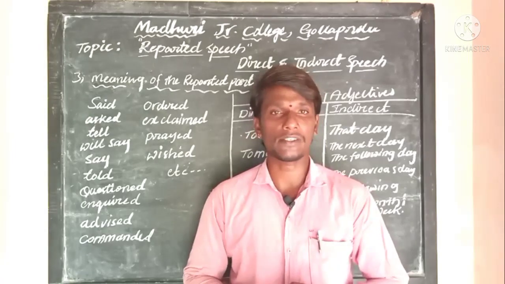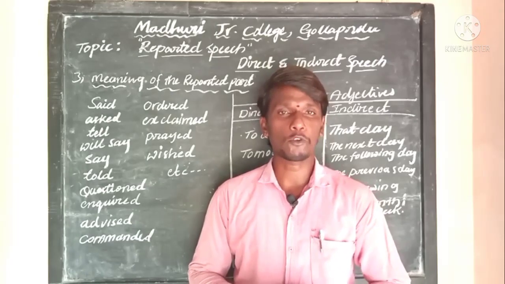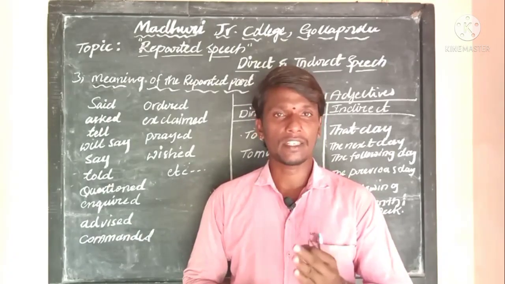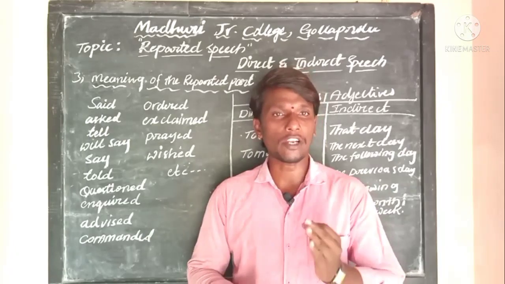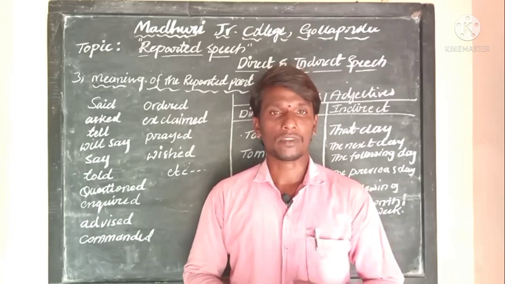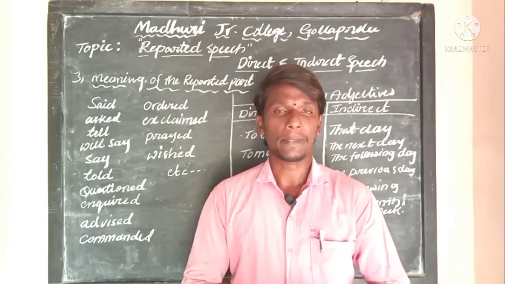The very first one is the sentence of the reported part, then the tense of the reported part, and the meaning of the reported part. In the previous videos, we have already completed the kinds of sentences: declarative, interrogative, imperative, and exclamatory.